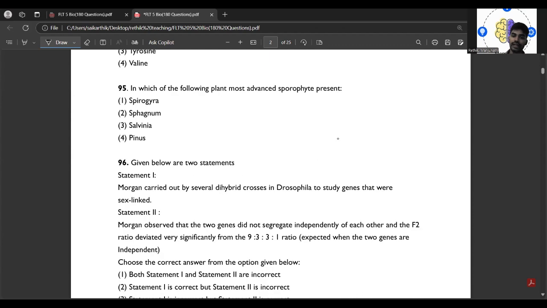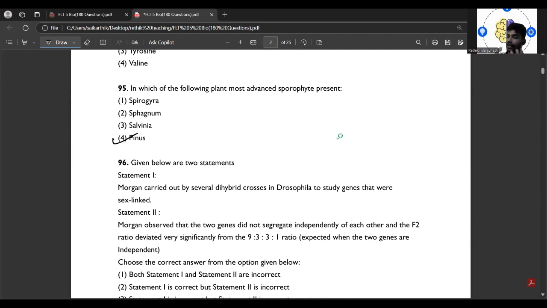Next we have the 95th question. In which of the following plants are the most advanced sporophytes present? It is actually Pinus. I'll tell you why.